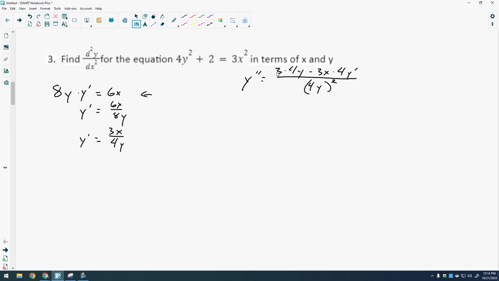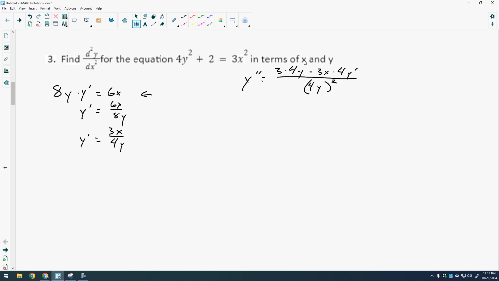The derivative of 3x is just 3. And then we have 4y. The derivative of 4y is 4y prime because it's a constant times a function, so the derivative is the constant times the derivative of the function. And the derivative of y is just dy/dx or y prime.